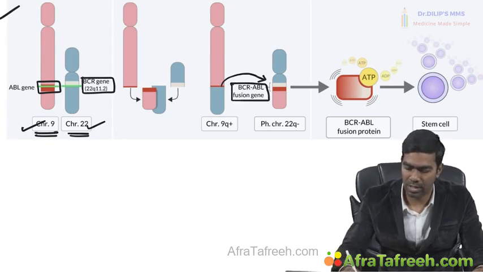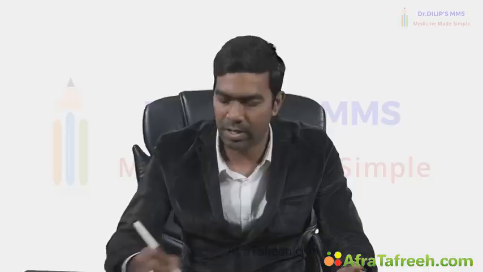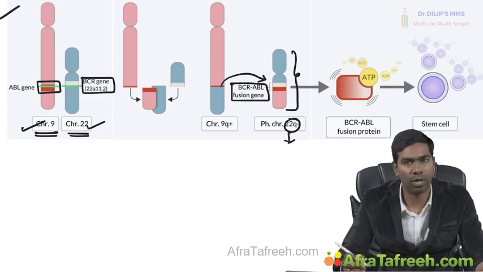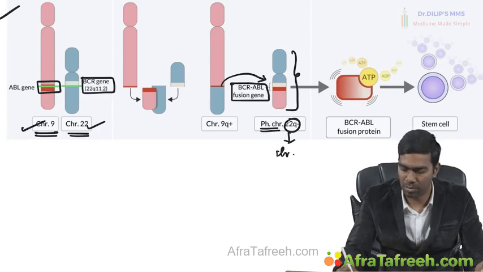The chromosome number 22 that contains this fused BCR-ABL gene is what we are going to call the Philadelphia chromosome. Clear? Chromosome number 22 is the one that we call the Philadelphia chromosome.